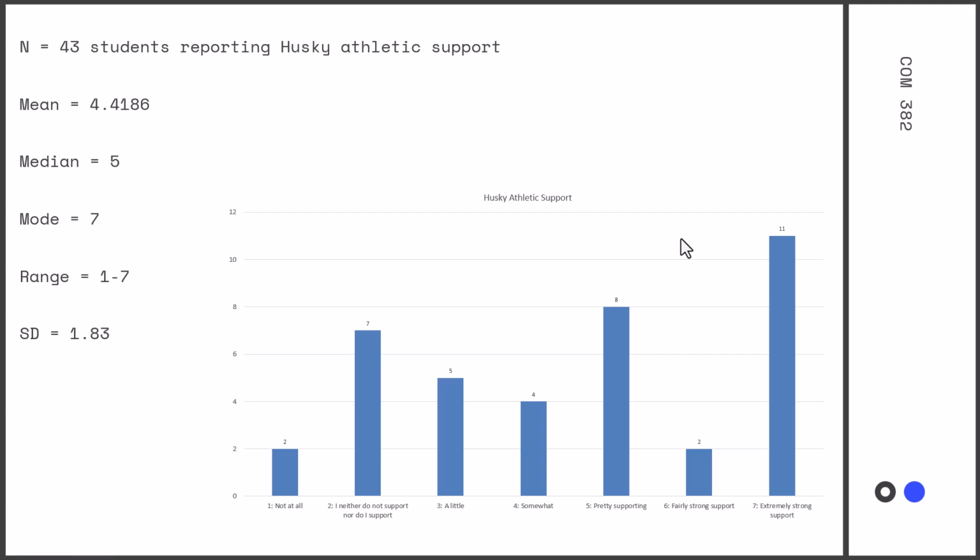The mode was 7, so most people had extremely strong support, and the range was 1 to 7. With a standard deviation of 1.83, that helps us understand that most students are within about 1.83 points of the mean, and you can see that visually.